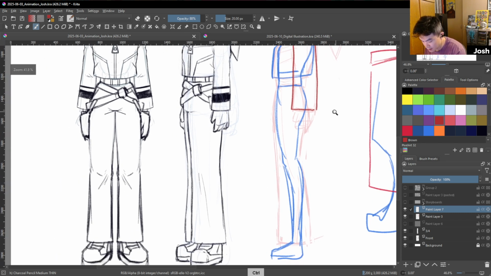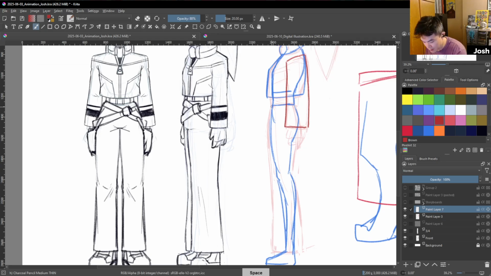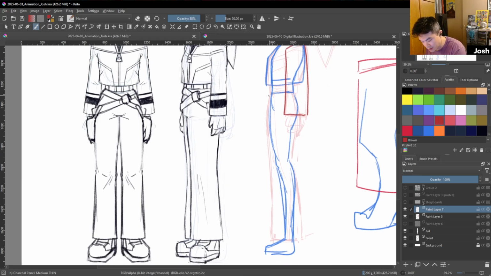But the pants are also going to be stiff, but not as stiff as a jacket would be. There would still be some looseness to it. So the front part, similar to the Zootopia example, is just going to sit and hang pretty much straight down the leg. There's no reason to add complexity by adding folds randomly.